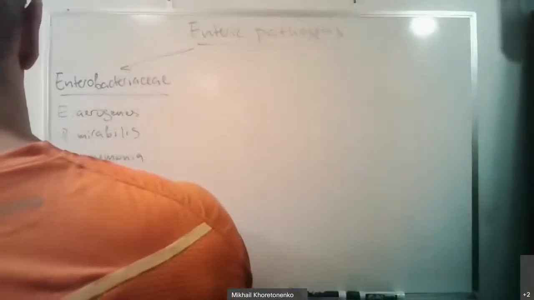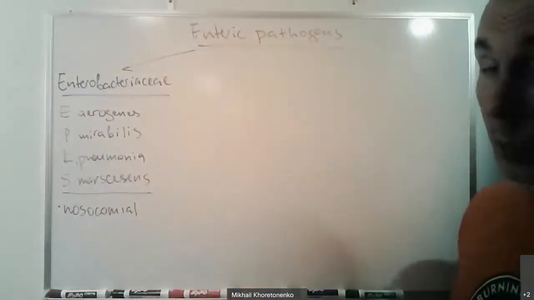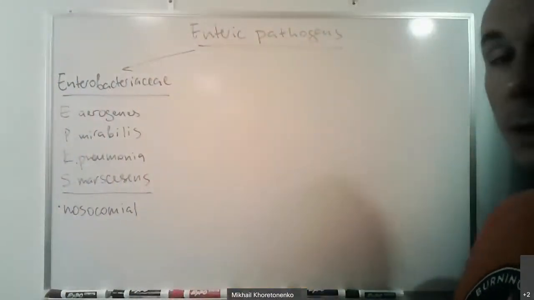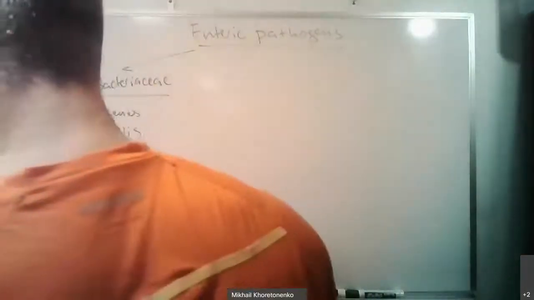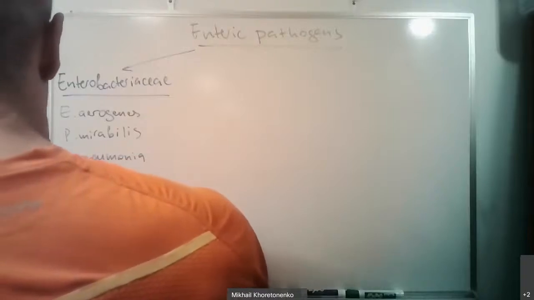A few things about them. They all are nosocomially transmitted, which means that they are transmitted in hospital settings. And since they are transmitted in hospital settings, we can consider them opportunistic infections.